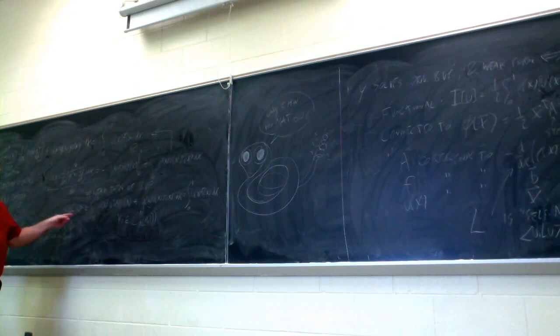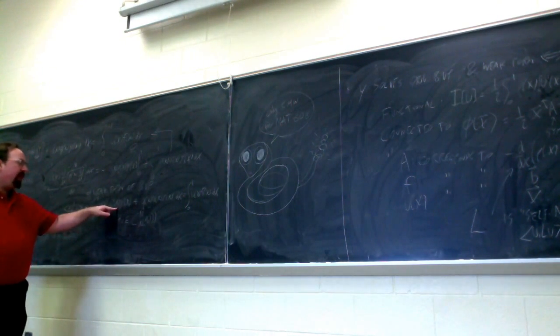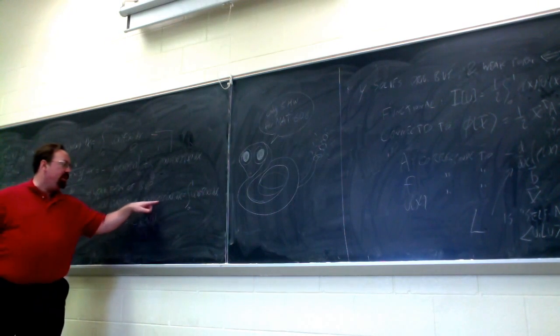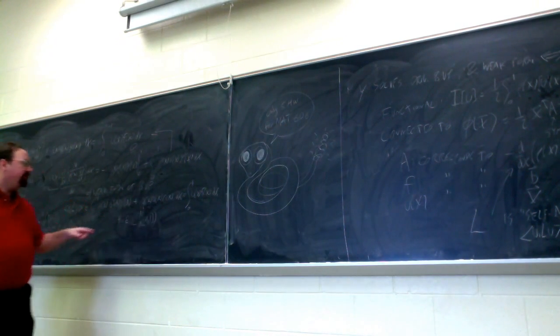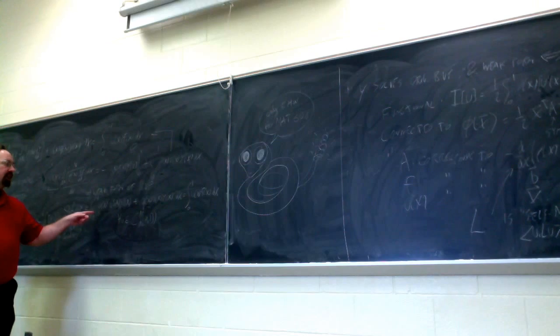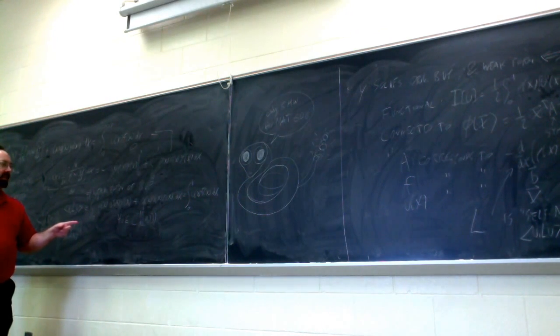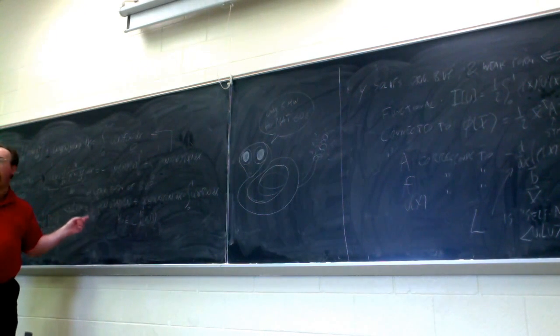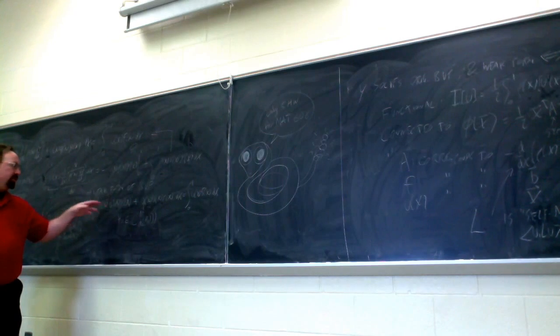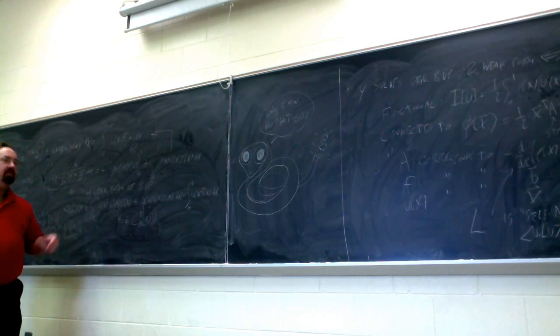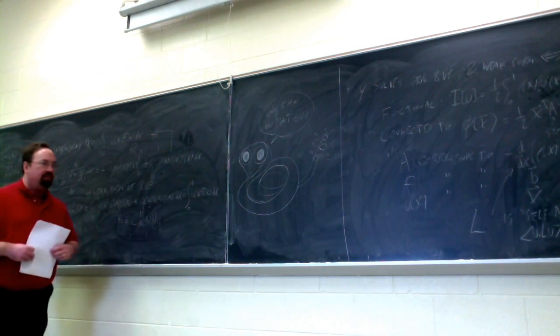Now, if I set y equal to u, I have p of x u prime squared plus q u squared. P is positive, q is non-negative. This integral is going to be positive when u is equal to y. That establishes that L is a positive definite operator.